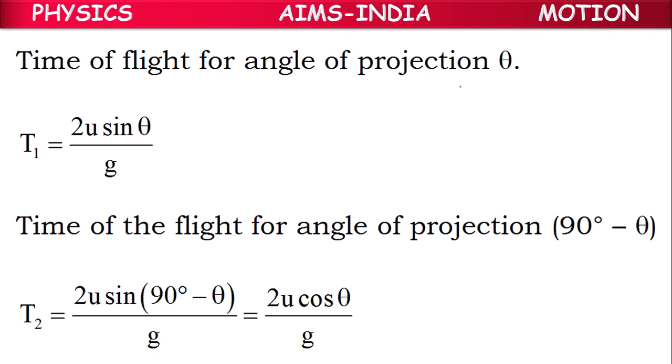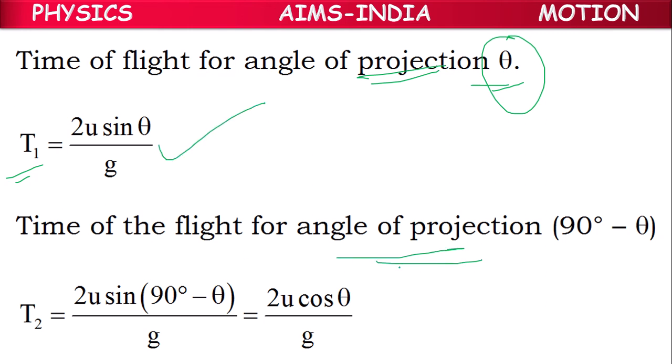Here, children, suppose the angle of projection is theta, then time of flight for this projectile is 2u sin theta by g.